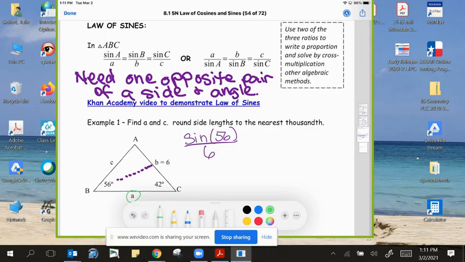we need to use angle A. We don't have angle A, but we have the other two angles in the triangle. So how can we find angle A?